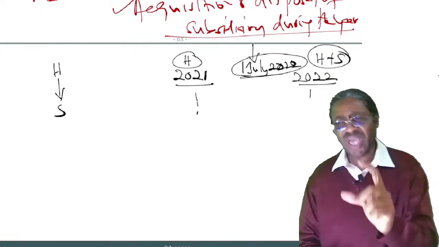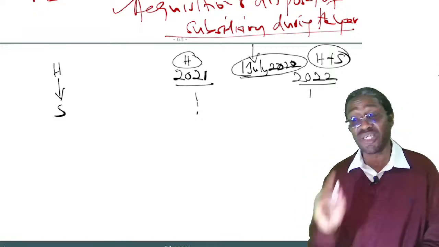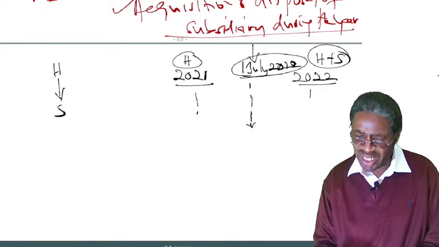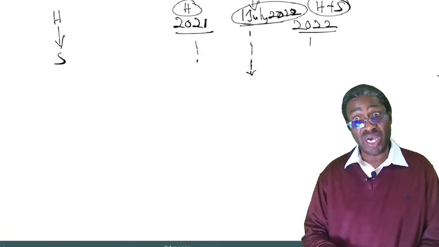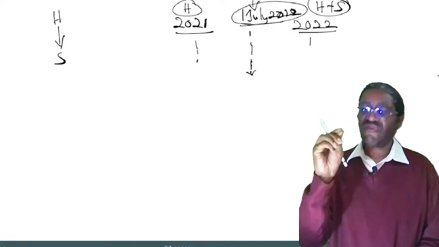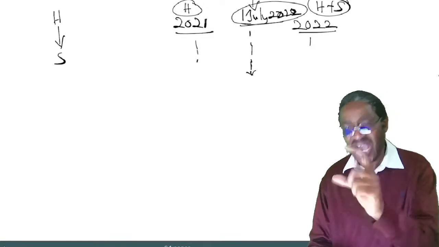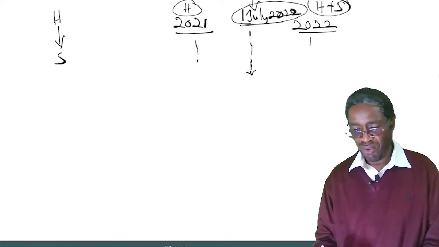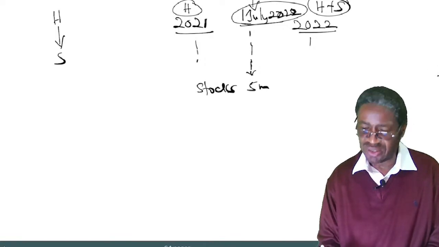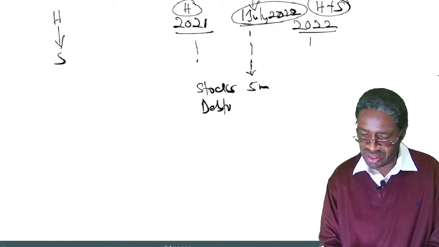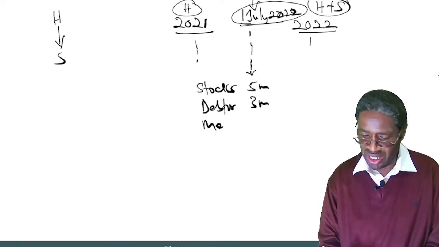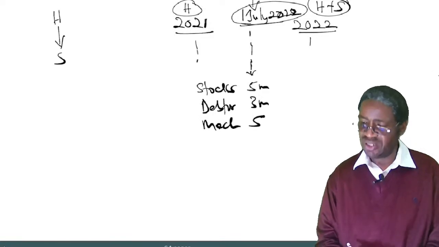But my concern is this now. When you acquired this subsidiary company during the year, on the date you acquired them, on 1st July, the following were the net assets of our subsidiary. One, they had stocks, maybe amounting to 5 million. The subsidiary had debtors amounting to 3 million. Maybe they had machinery amounting to 5 million.